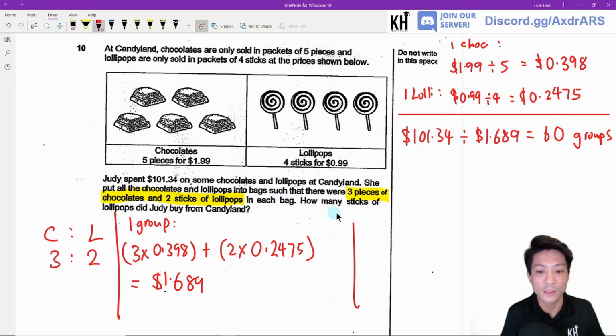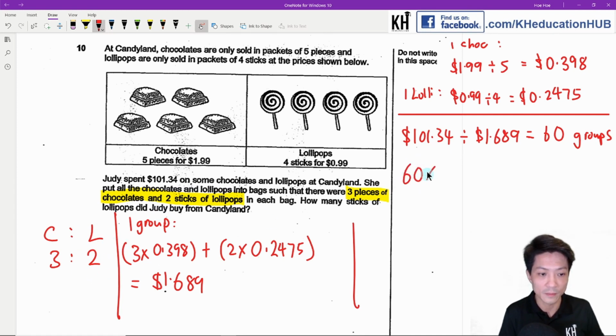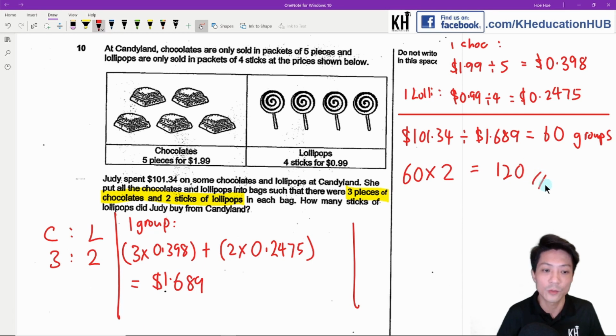In this case, the question is asking how many sticks of lollipops did Judy buy, right? So each group there is 2 lollipops, so the answer will be 120 lollipops.